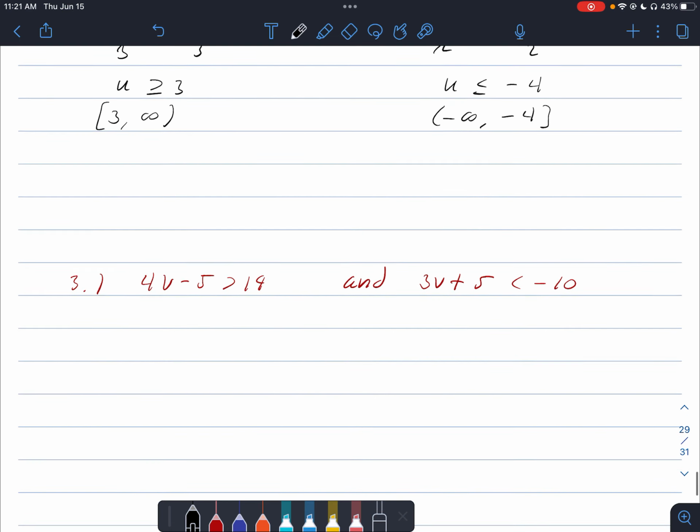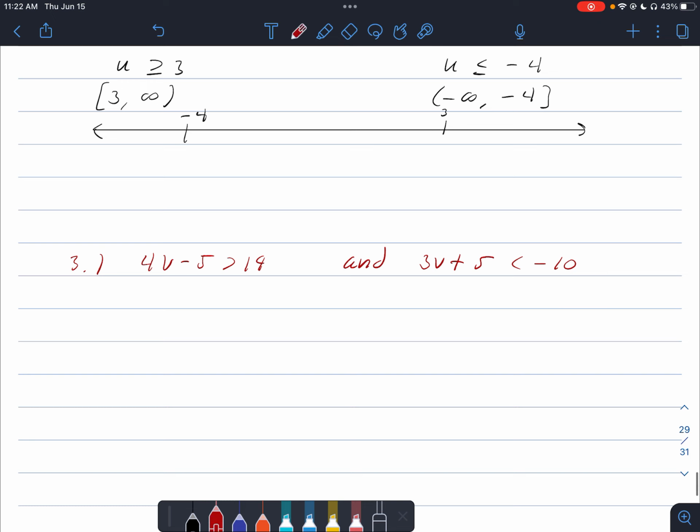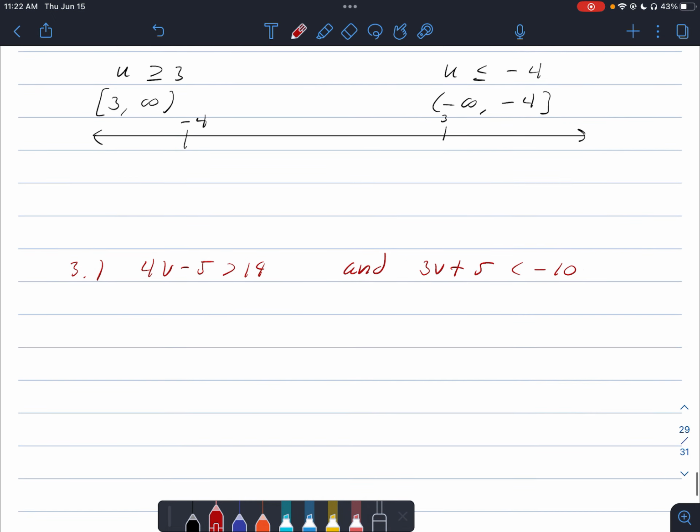Okay, so let's take a look at this on the number line. All right, so let's do our two relevant points. We have -4, and we have 3. So if we were to graph 3 to infinity, we would have a closed dot here, and then everything to the right. And if we do -infinity to -4, we'd have a closed dot here, and then everything to the left.